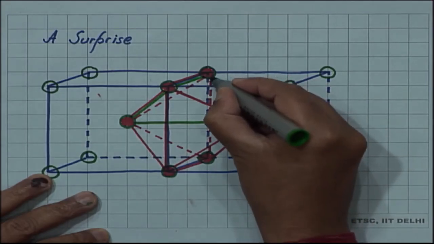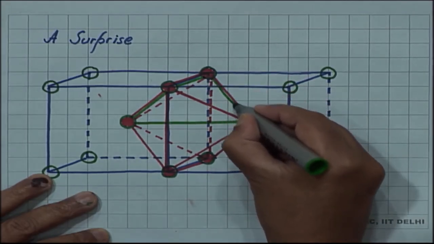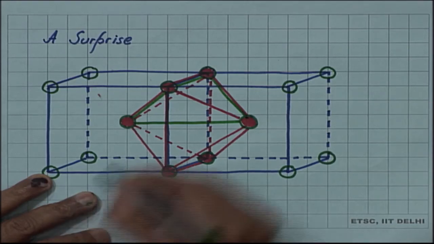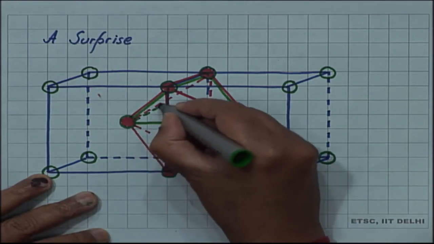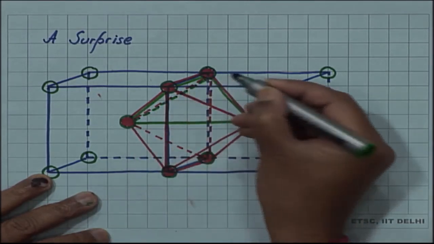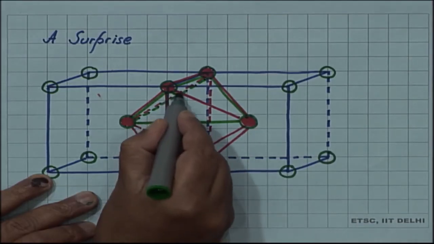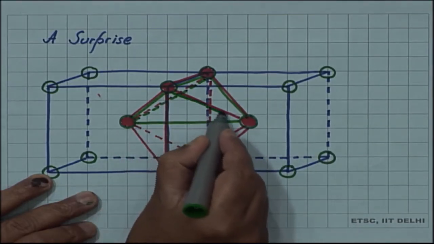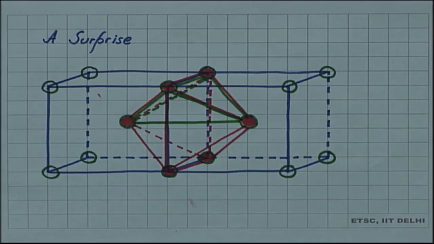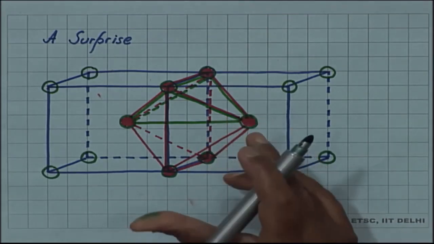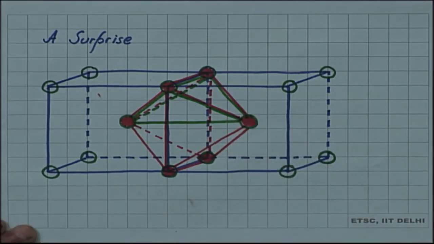So, these 4 atoms were defining my tetrahedral void. So, from this drawing you can clearly see that the tetrahedral void is totally submerged or is a subset of the octahedral void.